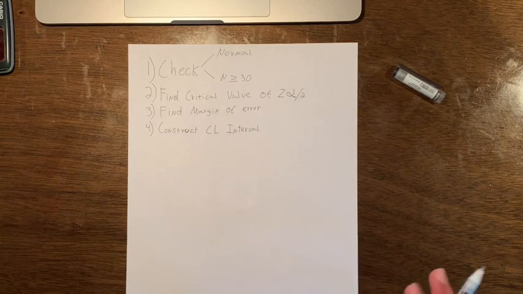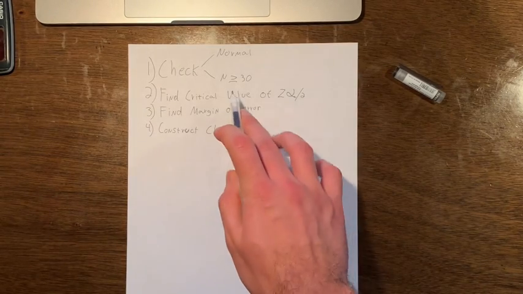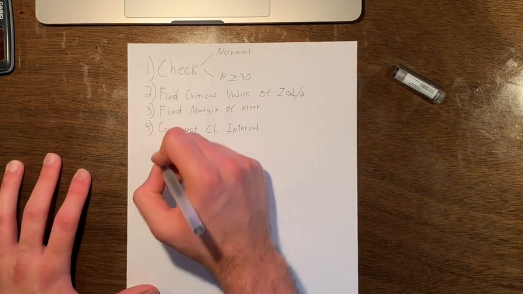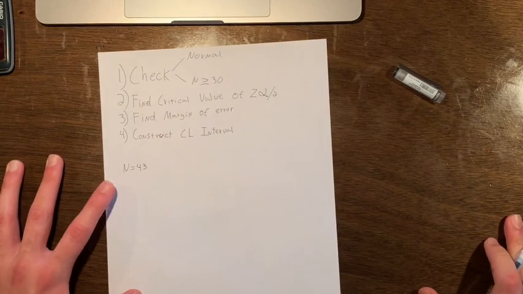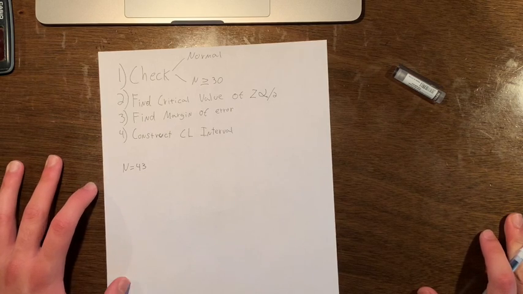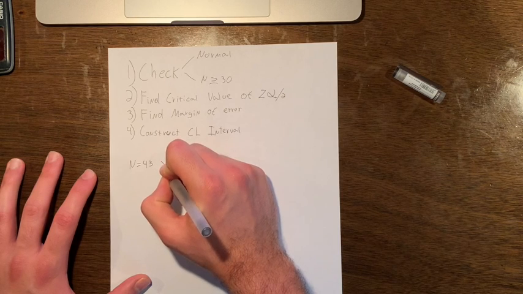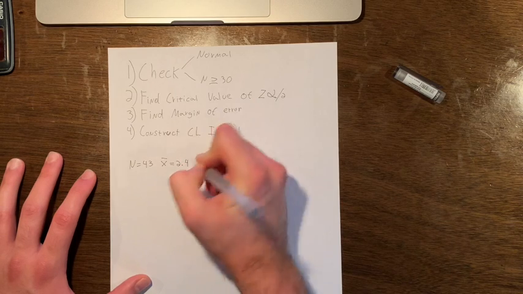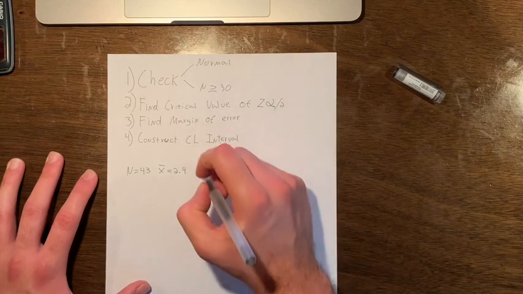First, we need to see if this is a normal or random sample. In this case, it is a random sample, but it is more than 30. So we know that n represents 43. After that, we know that the average consumption of alcohol was 2.4 liters, so that is our mean. And we also know the standard deviation, which is 1.2 liters.